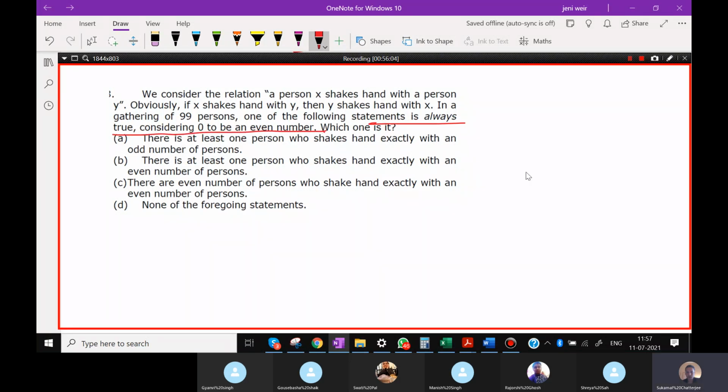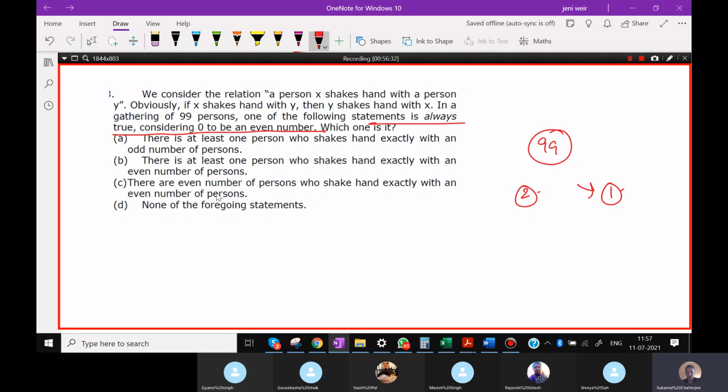Now, since there are 99 people, to have a handshake you need two people, right? So if I select pairs of two, I will be left with one person who will be left by himself, right?